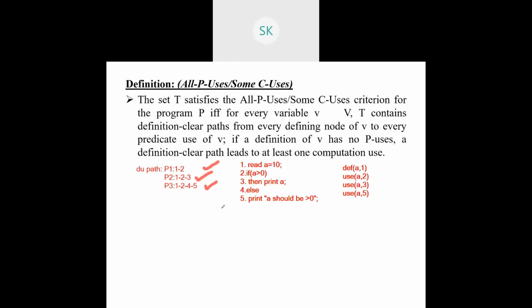How? Predicate use is happening with respect to the second statement. That is, you are using the variable A to check whether it is greater than 0. If it is so, it will be printing. If it is false, then it will go with the fourth statement. So all these things will come under all P uses.